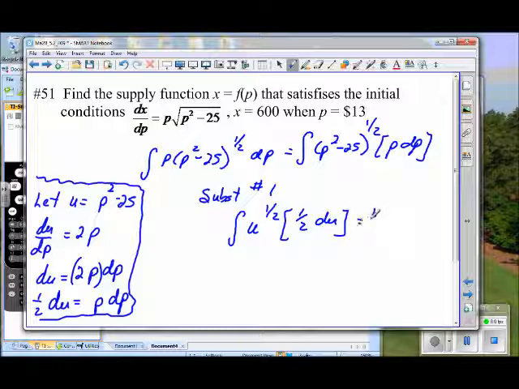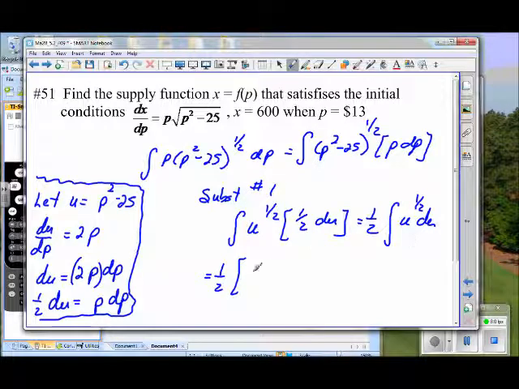That's the same thing as pulling this scalar out in front and then looking at the indefinite integral of u to the 1/2 du. That's going to be 1/2, and then we go through the very same thing. We add 1 and divide by the new exponent, plus c.